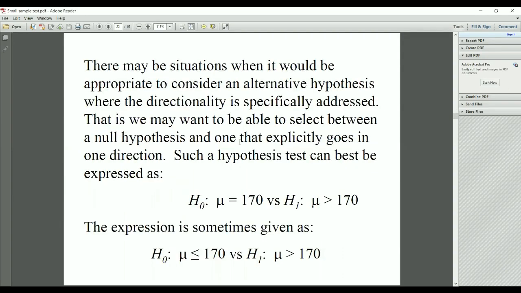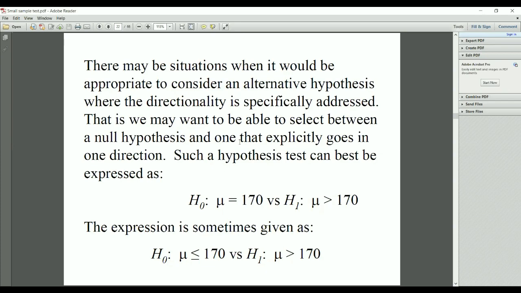See this, I told you the alternative hypothesis is mu is not equal to, which we have not taken now. We are saying that mu is greater than 170. This expression is sometimes given as H0: mu is less than or equal to 170, and H1: mu is greater than 170.